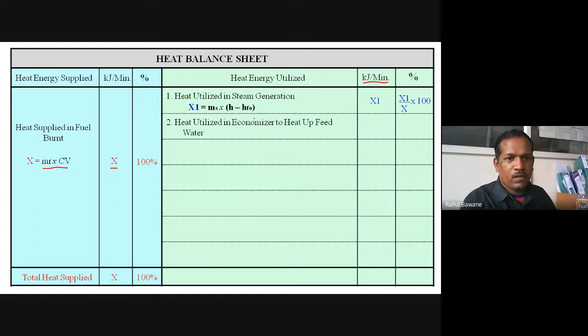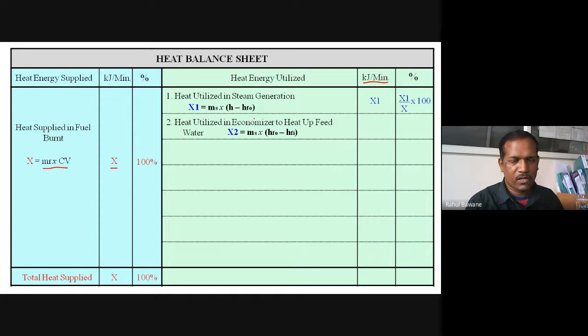Next head, heat utilized in the economizer to preheat the feed water. Now how to calculate that? Suppose that amount of heat is X2. One thing is very important: the amount of water fed to the boiler is always considered equal to the steam generated.